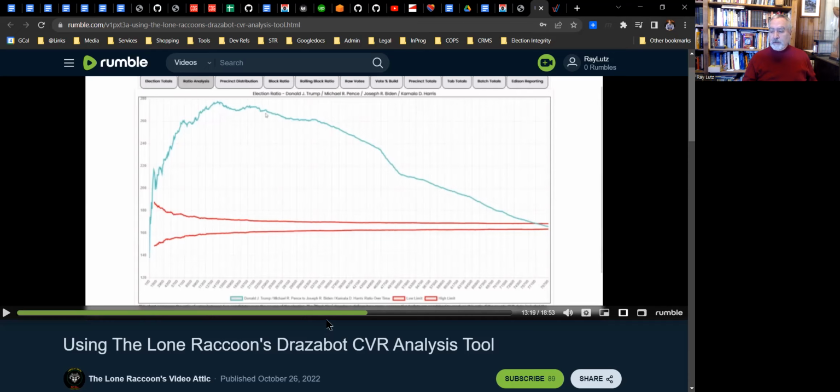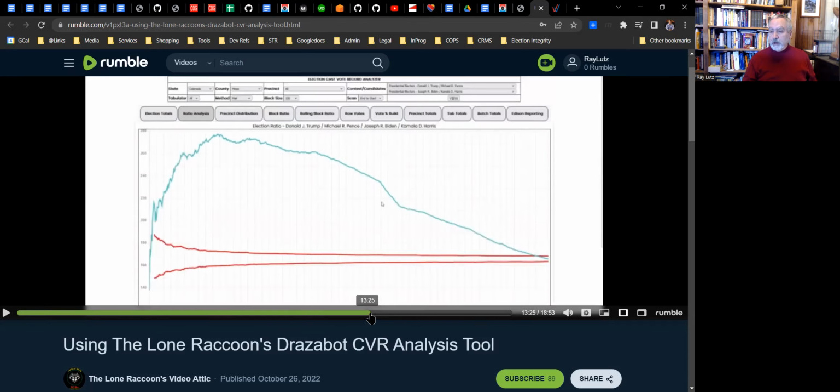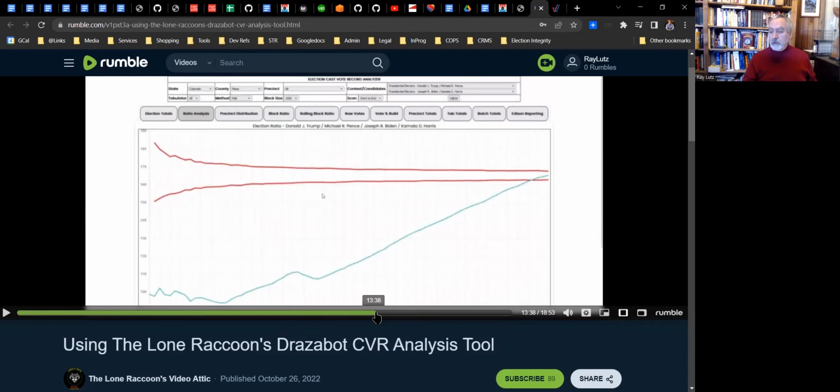And then when they turn this around and put it in the other order like that, so apparently it looks like this is the ratio, and some of the ballots that came in really early, and then later it started to converge this way. That means that this somewhat arbitrary way that these ballots were being processed is not random.